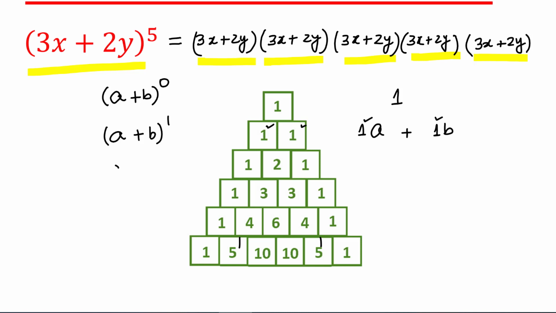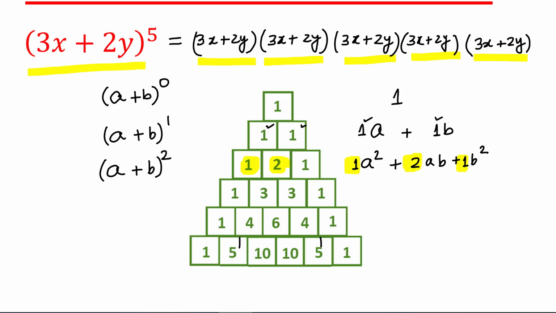Now let us see (a + b) whole squared, raised to the power 2. Now you know this is a² + 2ab + b². Now see this 1 and this 2 and here we have 1. So 1 is the coefficient, this 1 is here. 2 is the coefficient, 2 is here.